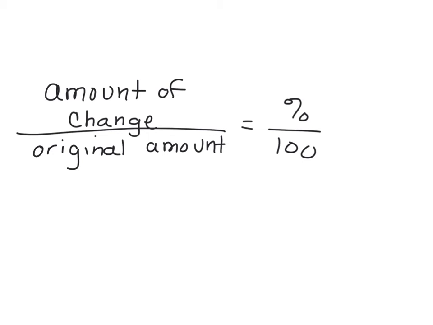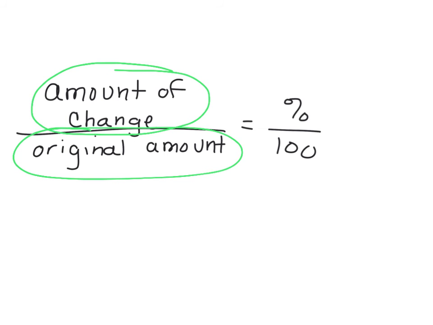Or the number of cases of COVID increased by 5% from last week. The percent of change is a big, important question. And we figure it out by this same formula, except there's an added thing we have to do here. The amount of change divided by the original amount equals that same thing, percent over 100.